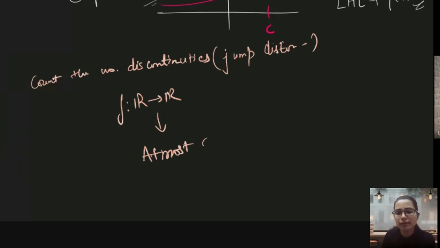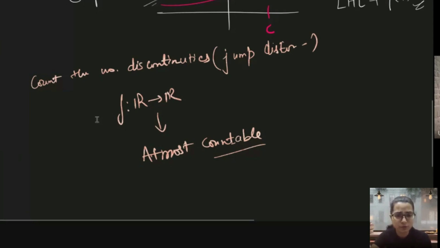You know about countable and uncountable sets. So if you're trying to count the number of discontinuities of a monotone function, they are at most countable. Either they are not there, or they are finite, or they are infinite but countable. They are never uncountable.